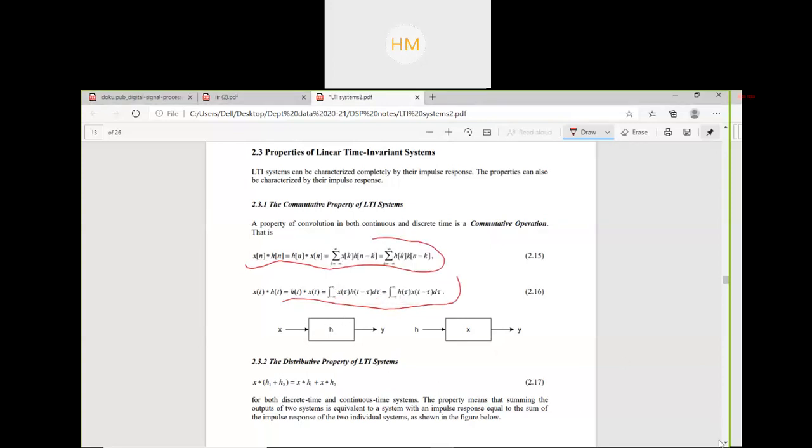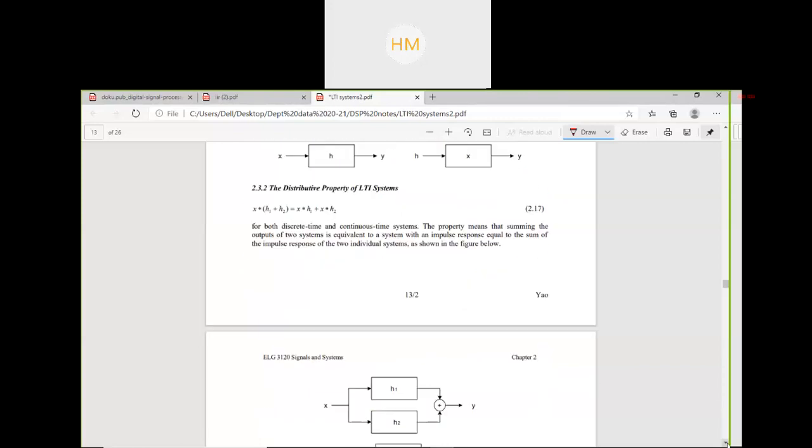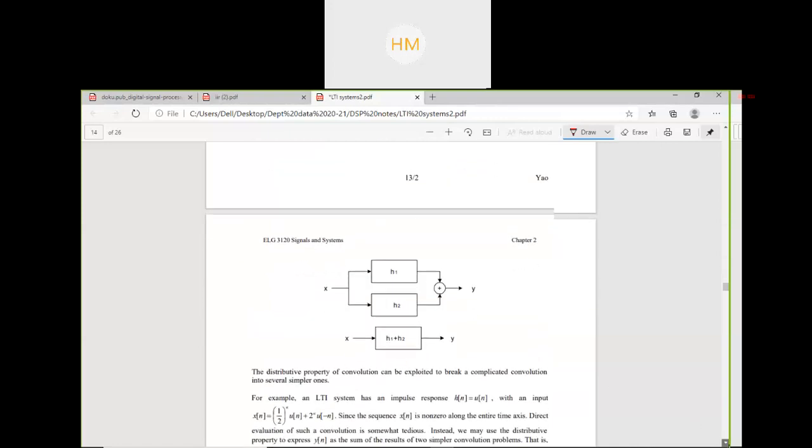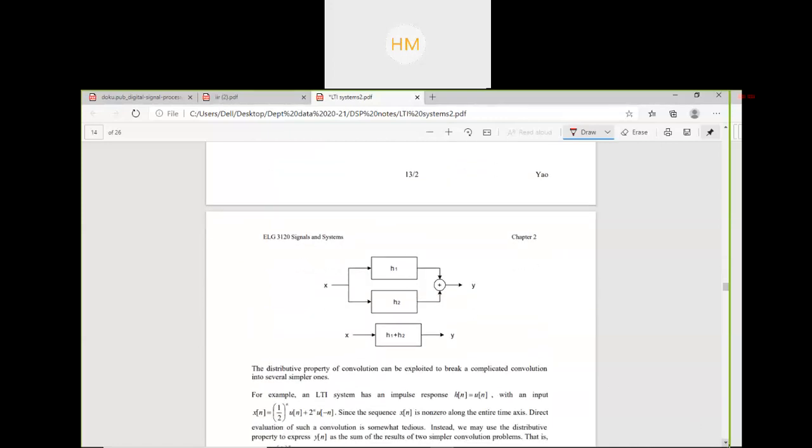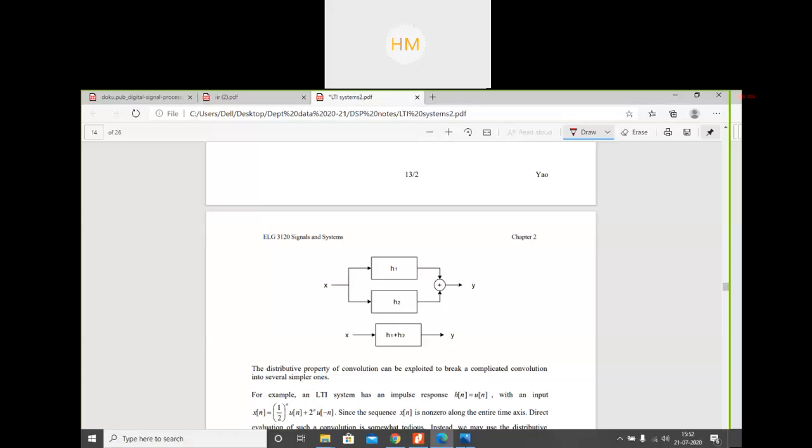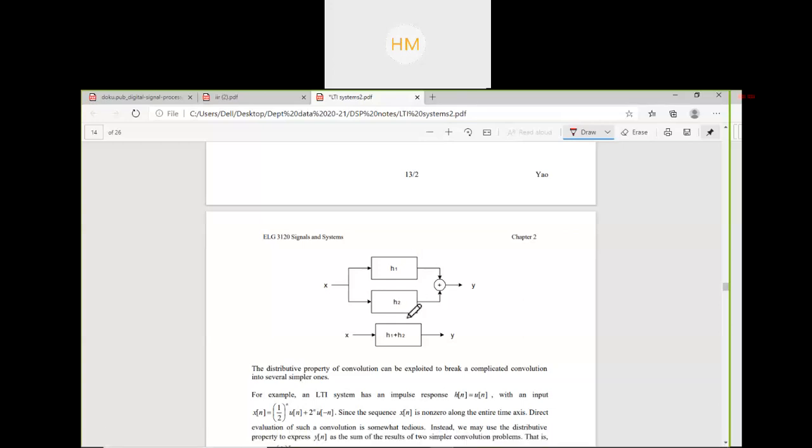Is it clear? Next is your distributive property. We all know x into h1 plus h2 will be equal to x into h1 plus x into h2. This is a diagram that means if parallelly the systems are connected, you can add those systems. Is it clear? Distributive system. X h1 plus x h2 or x into h1 plus h2.